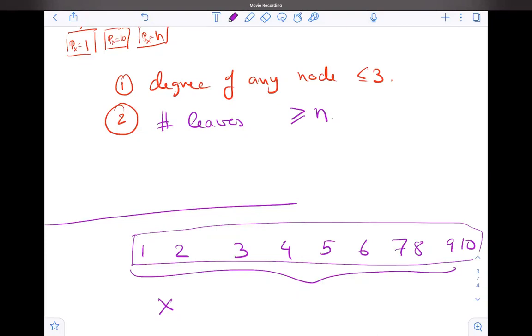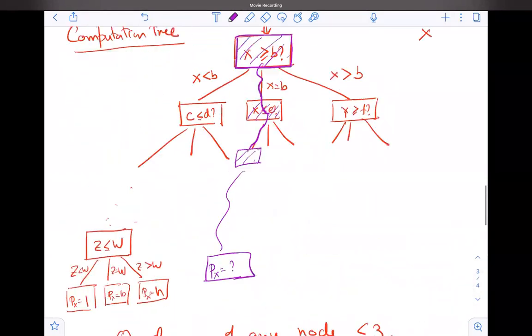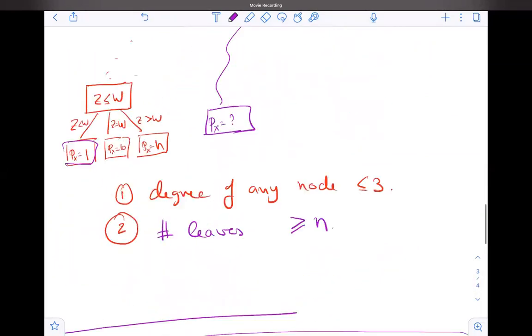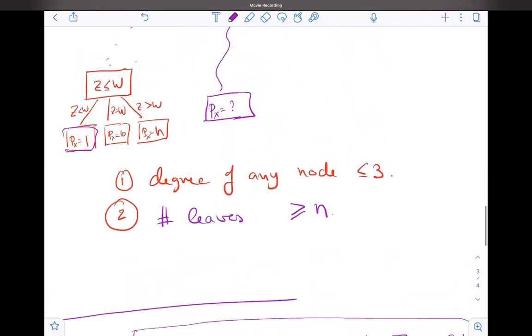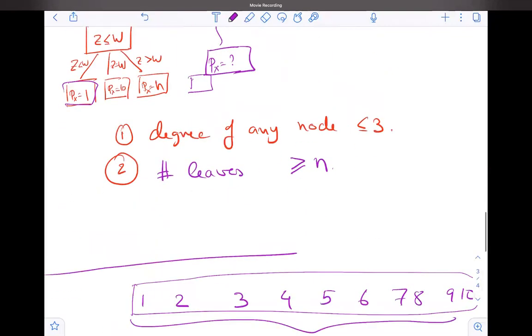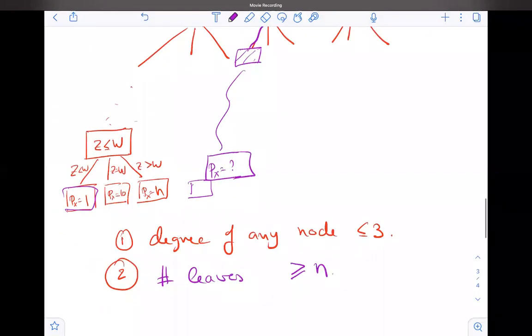If I give you x equals 0, you would make a run and output at the end, oh, okay, this position should be before 1. If I give x equals 2.5, it will make another run and will output something else. So different places will give me different positions. And each leaf has a fixed answer.